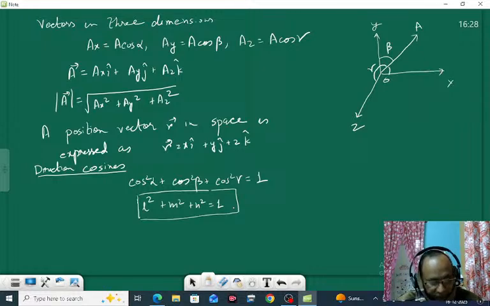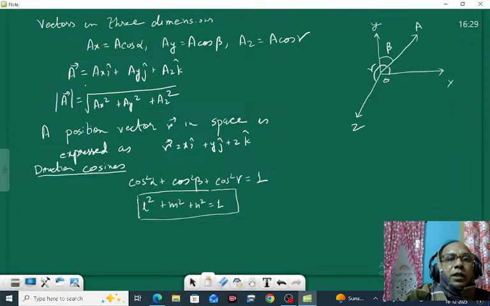Right? Now we can define the various things in motion in a plane. Now we discuss the motion in a plane. We have the vector in 3 dimensions, A equal to Axi plus Ayj plus Azk.